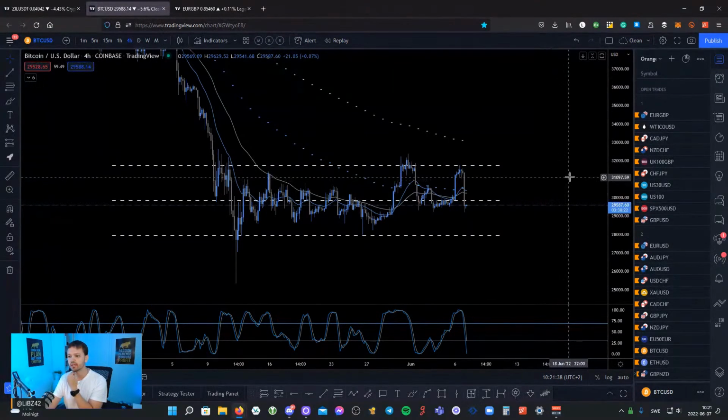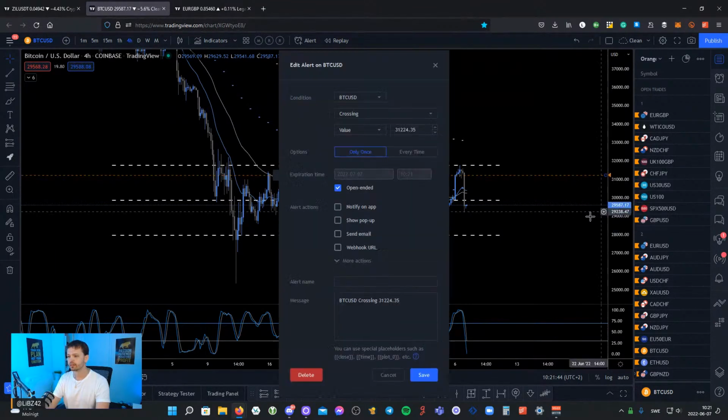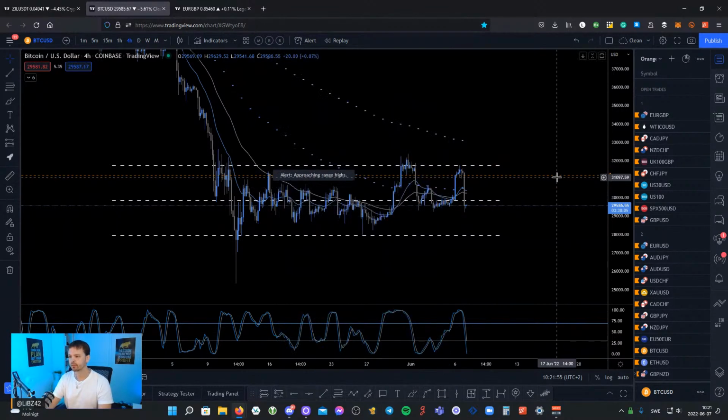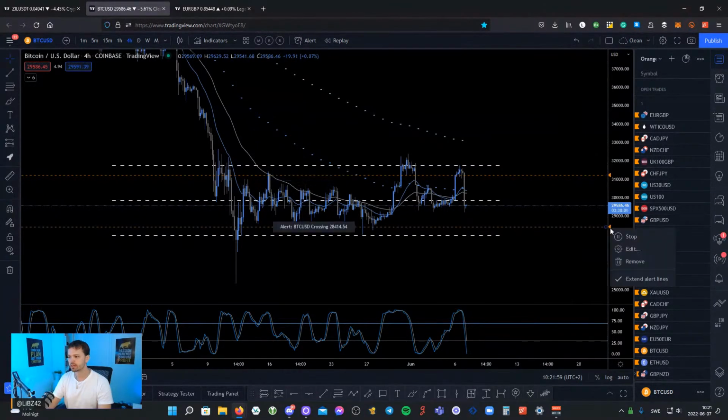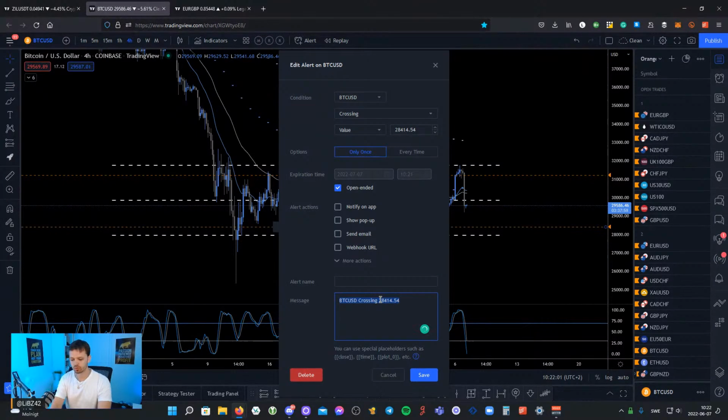Well, I'm going to add an alert here on Bitcoin, and this alert is going to say approaching range highs. And we're going to have one down here which says approaching range lows.